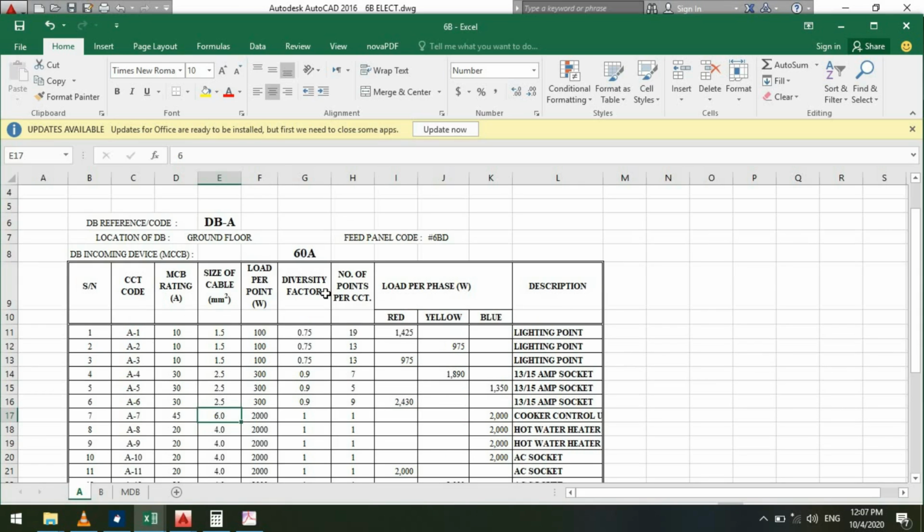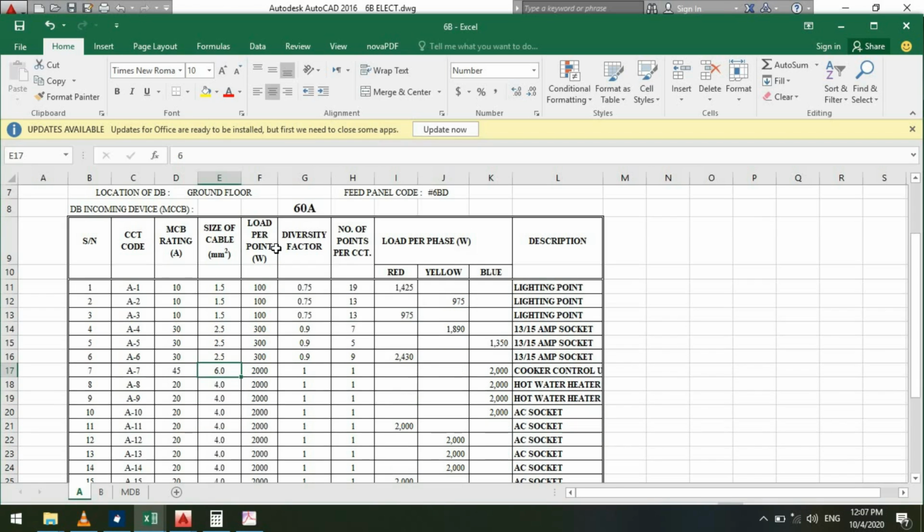And for the diversity factor, which is a ratio of the installed load and the running load, many professionals always make mistakes on the diversity factor. I will be writing a comprehensive explanation on it, but on a norm we have 4 types of diversity factor.